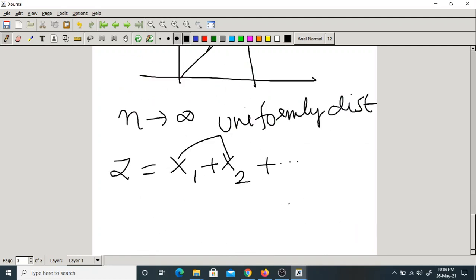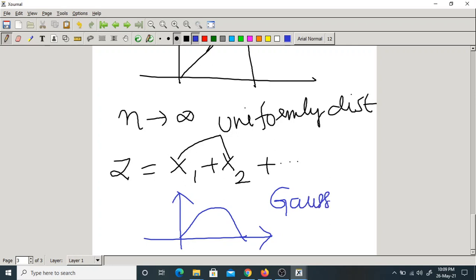If you take more random variables, obviously it may follow something like this. What is this? It is a Gaussian distribution. So x1, x2 may be uniform, but if you add them in sufficiently large number, they follow a Gaussian distribution.